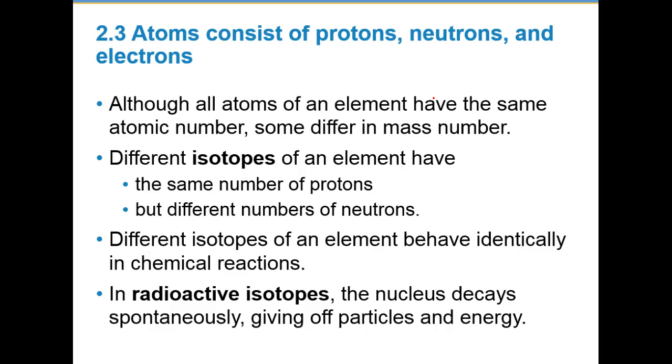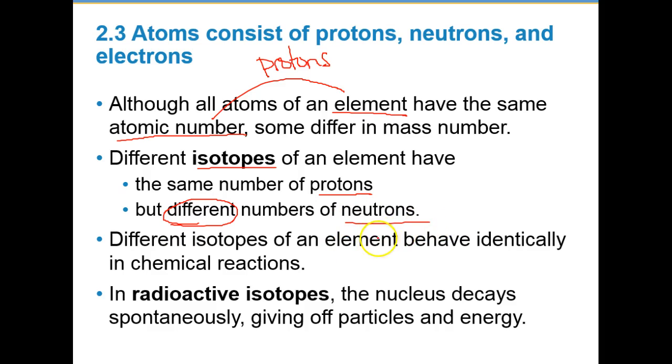Okay. So although all atoms of an element have the same atomic number, right, because we have to have the same number of protons for that to be the element, so the element is identified by the number of protons. Just to reiterate, we can have different isotopes of an element. So isotopes have the same number of protons but a different number of neutrons.